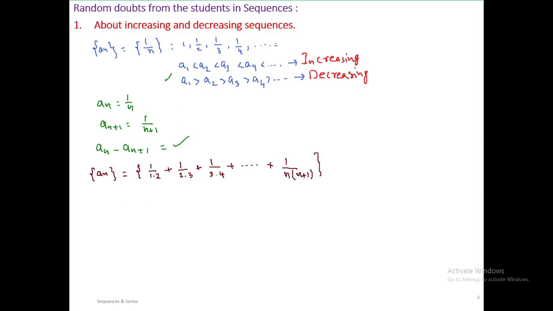You cannot. So what is the first term? First term means n is 1. Substitute here, 1 over 1 into 2.